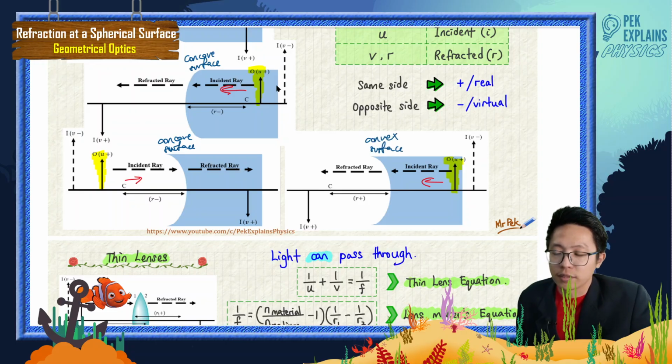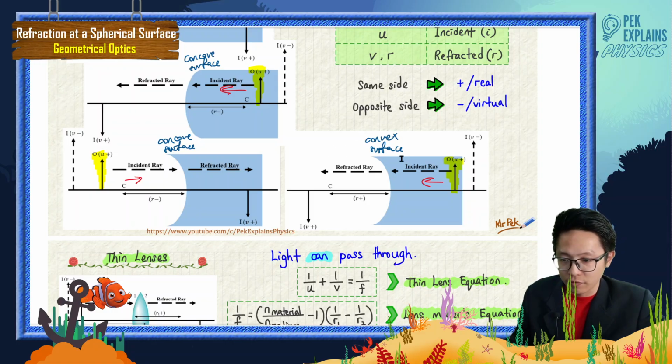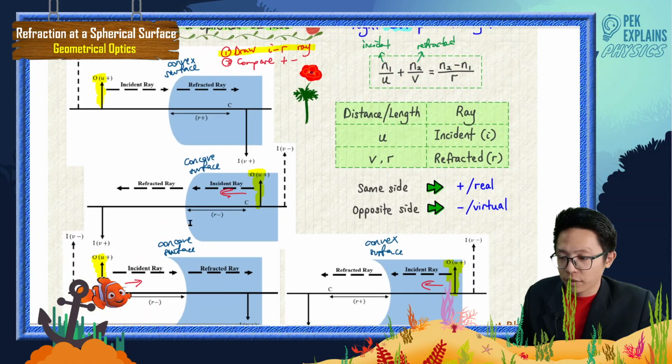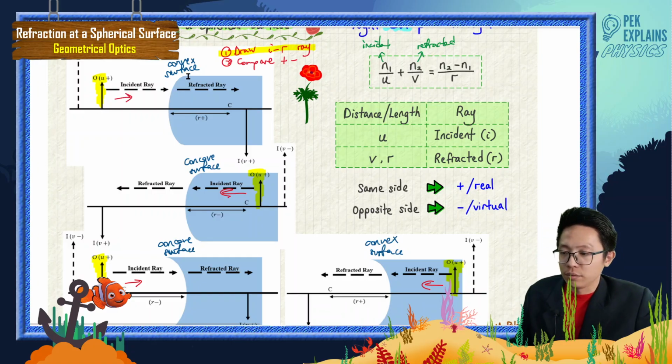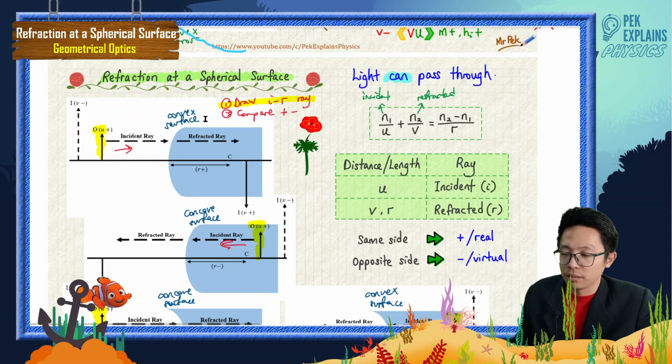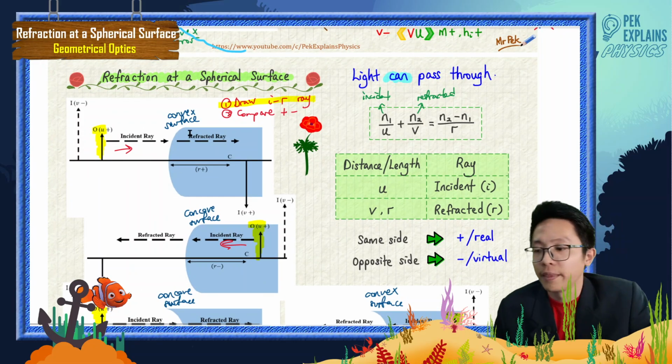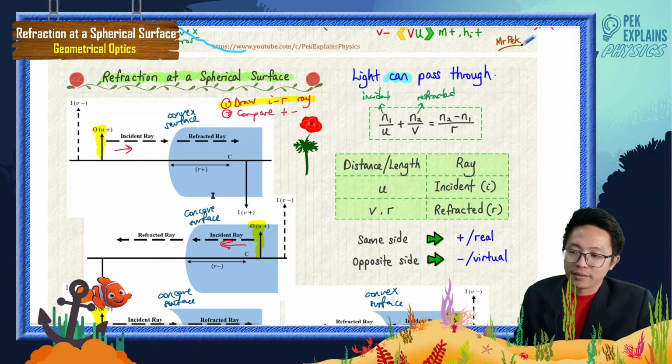Understand? This one is concave for this object. This surface is also concave towards the object, but this surface is convex towards this object, because the object is looking from here, so this surface seems fat towards the object. Convex means fat. Concave means thin.